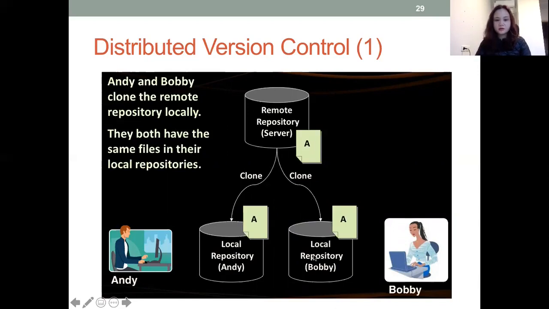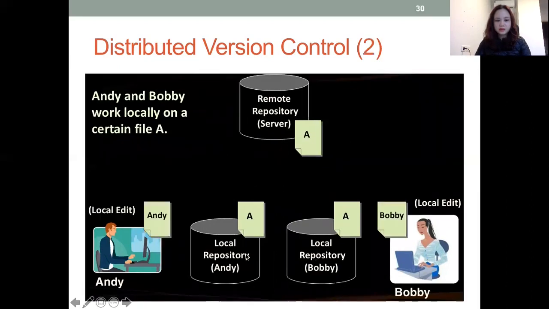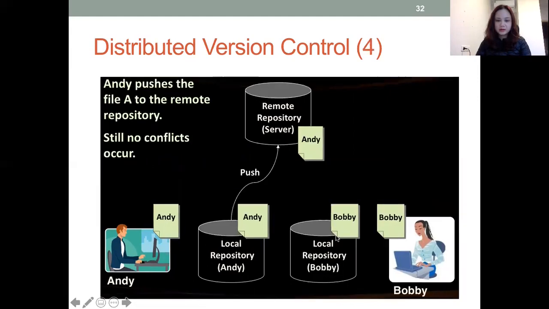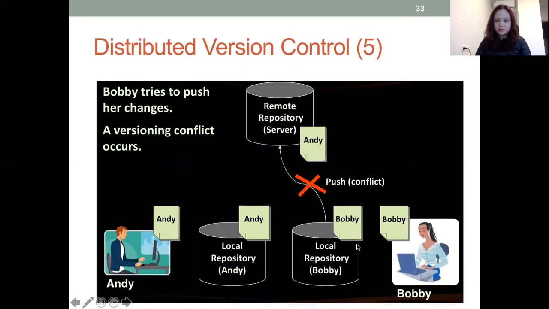That is the local repository. And Andy and Bobby also have the local working copy here, and she or he can concurrently edit the resource at the same time, and can commit locally. And then from the local repository, Andy can push to the remote repository. And when Bobby wants to push from her local repository, she cannot do it because it may have a conflict.